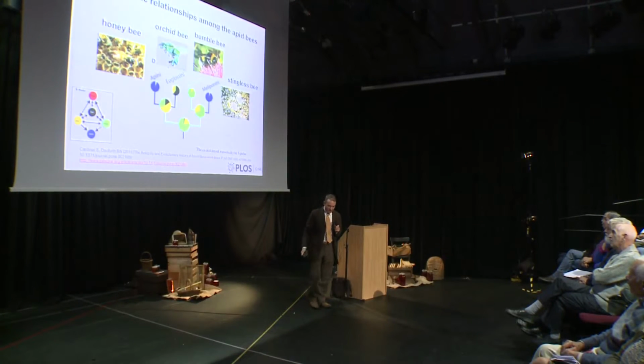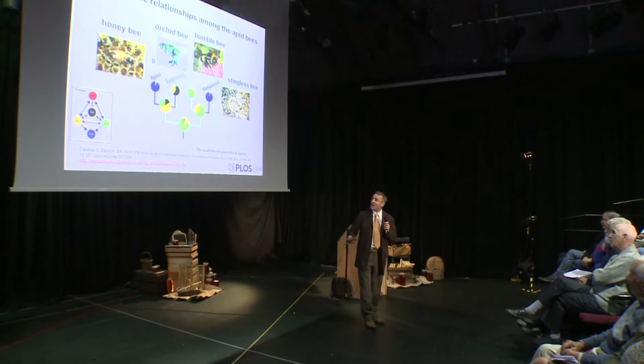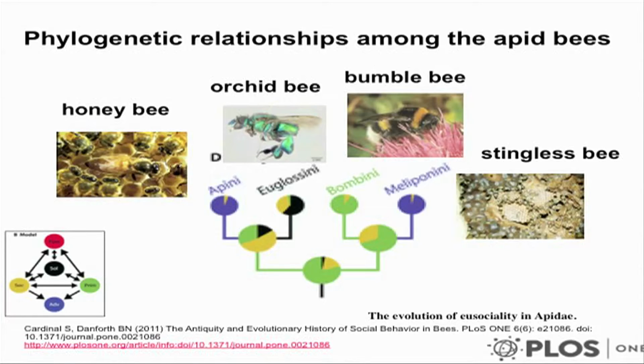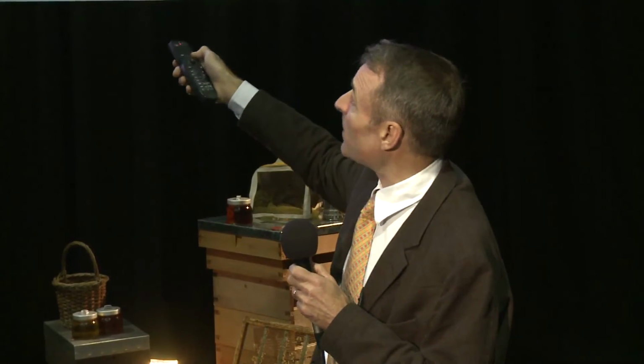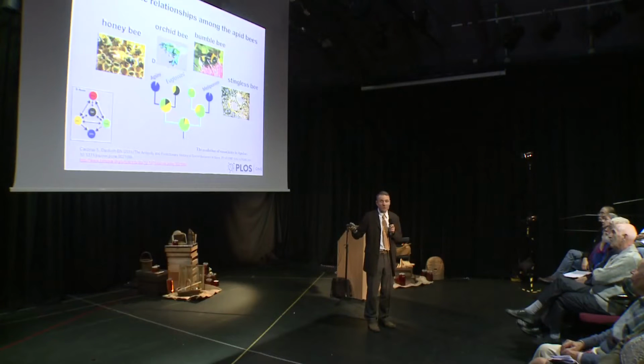What we can say quite clearly is that the honeybee is closely related to orchid bees, which are found only in the neotropics, which tend to be solitary, and it's more distantly related to bumblebees and stingless bees. Bumblebees being so-called primitively eusocial, with overwintering queens, stingless bees being very much like honeybees with perennial colonies.